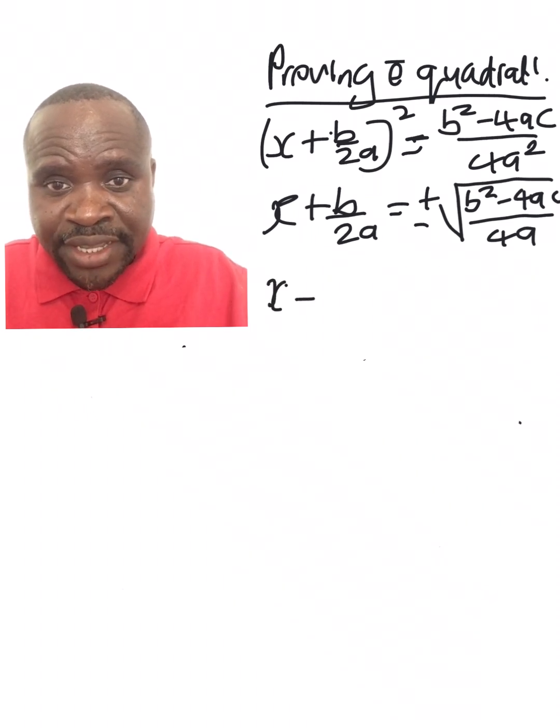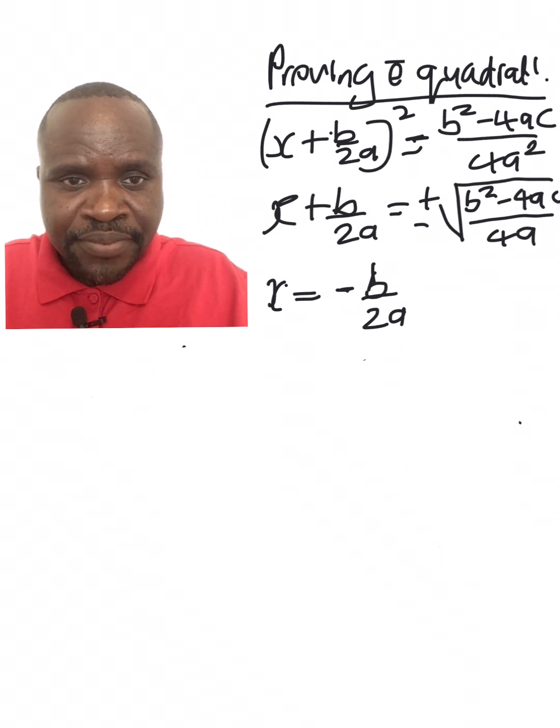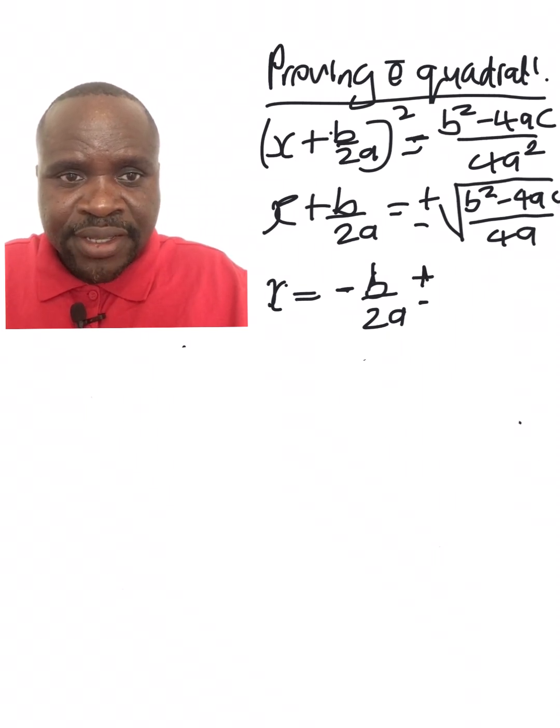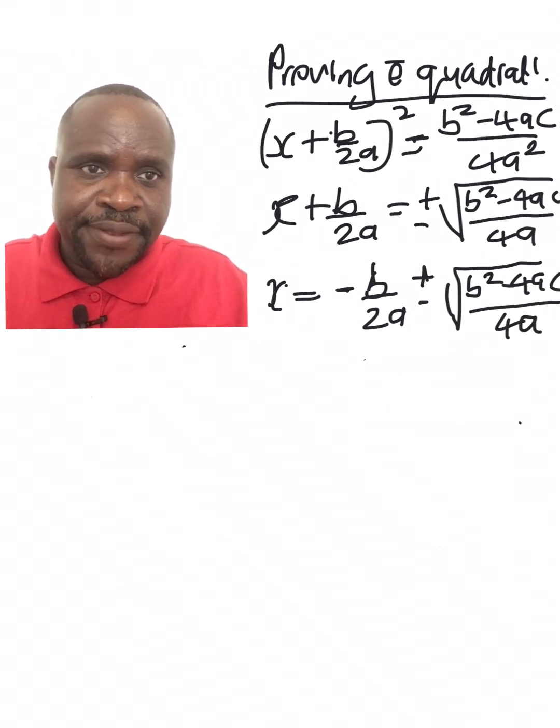So x will be equals to, when we take that on the other side, minus b over 2a plus or minus the square root of b squared minus 4ac over 4a squared.